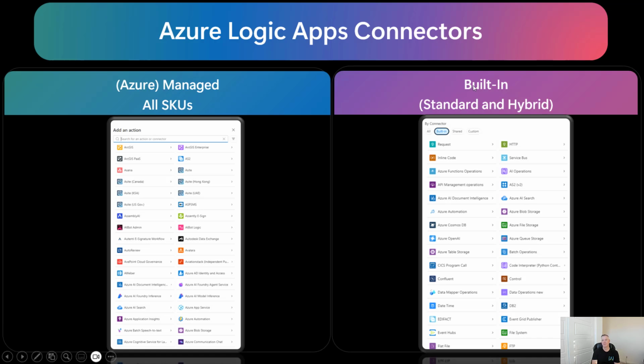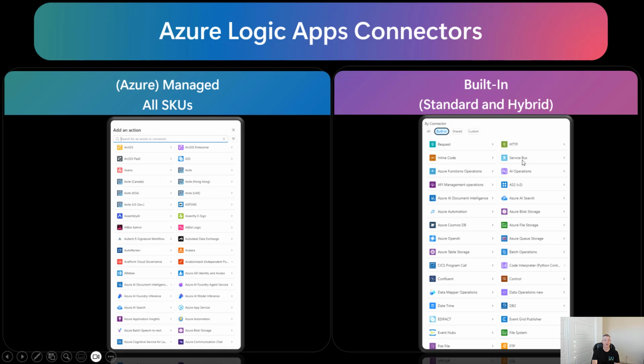Now, when we think about the built-in connectors, this is where we get into the hybrid and the standard SKUs, and this is where we've got some differentiation. These are running in your local compute, so as a result, we allow for more throughput. A lot of the characteristics of these connectors is they typically tend to be high throughput.